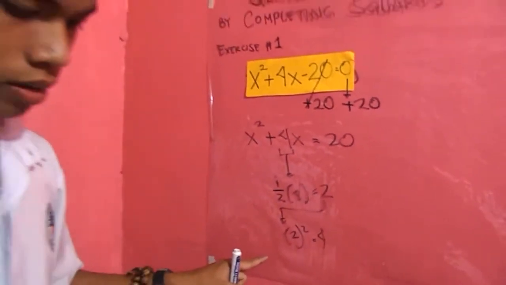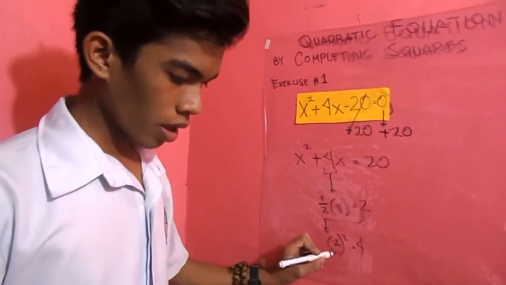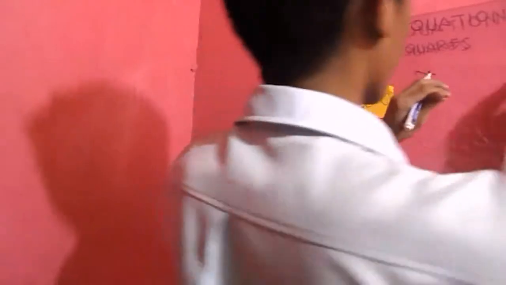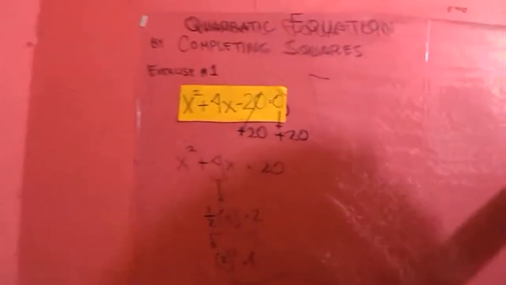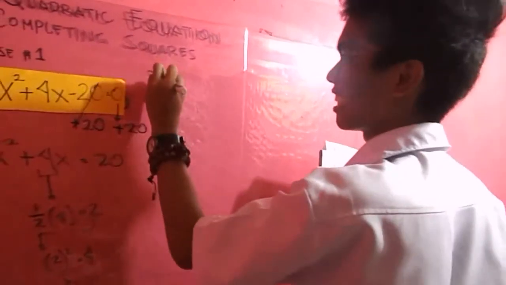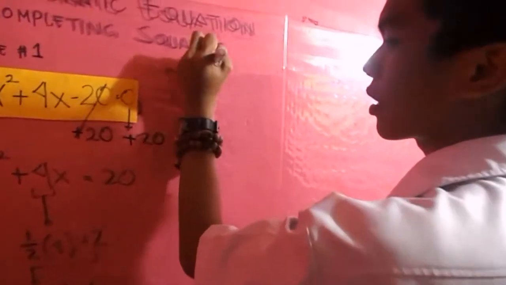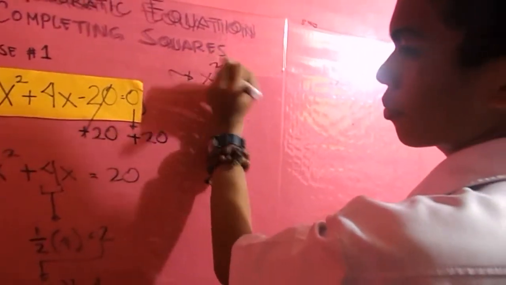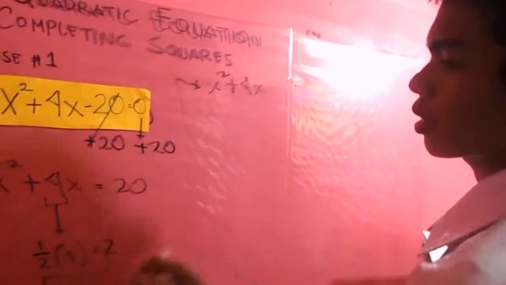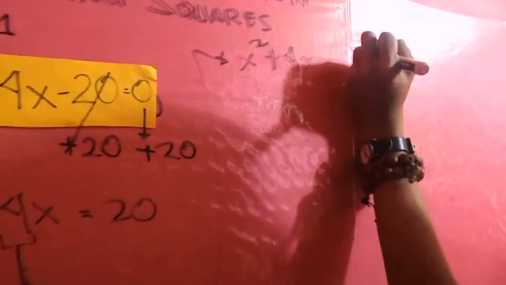And the result is here: x squared plus 4x equals 20.